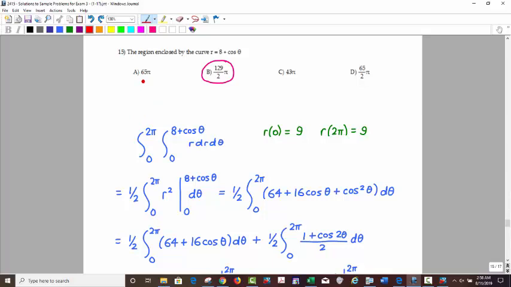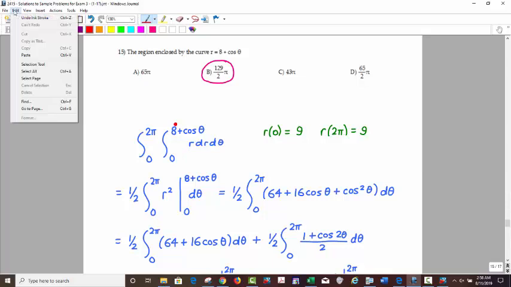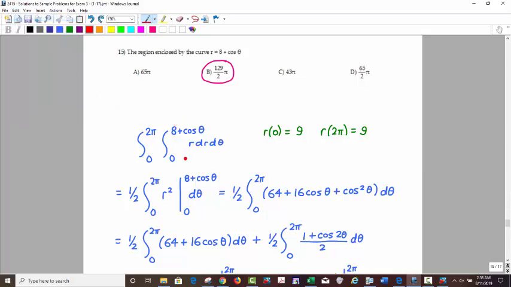So it's going to go from 0 to 2 pi, r d theta, where r is 8 plus cos theta. This is not real critical, but I'm just showing that r of 0 gives you 9, then r of 2 pi takes you back to that same 9. So anyway.